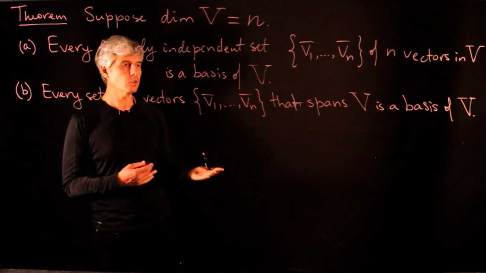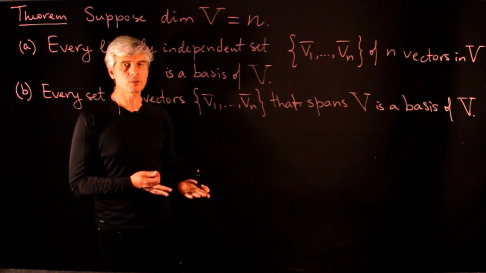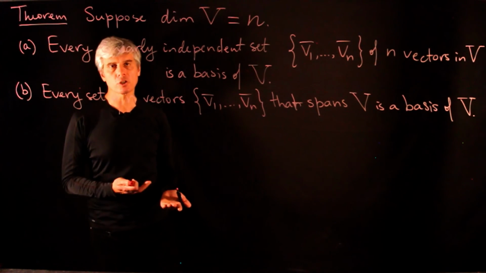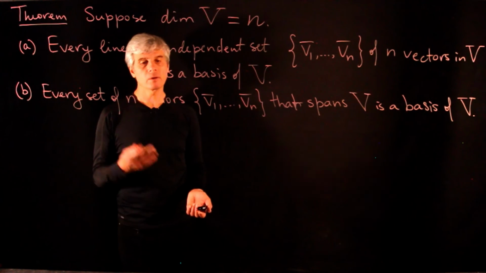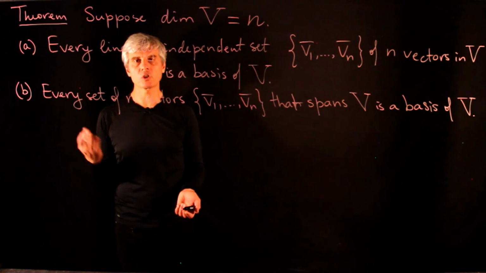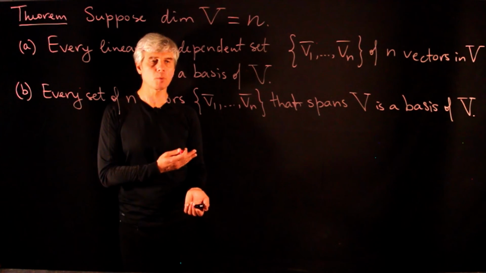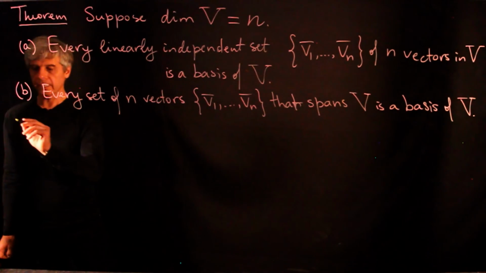So the conclusion is that if the number of vectors is equal to the dimension of the vector space, which we know, then it is enough to check either linear independence or the spanning property. So this would be enough to conclude that we have a basis. So let's give a proof.